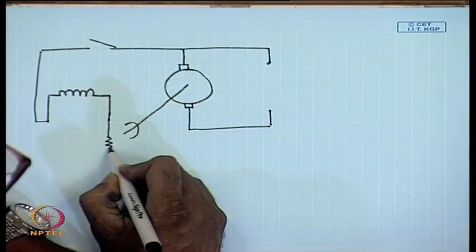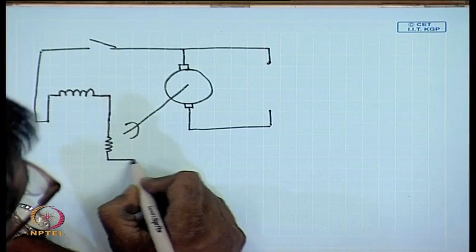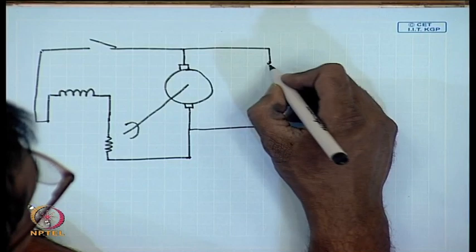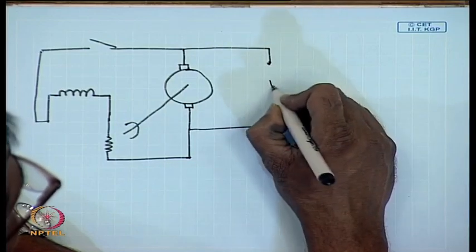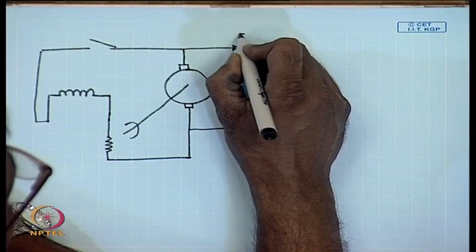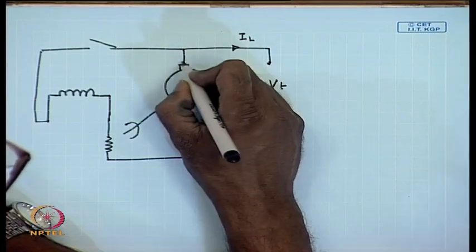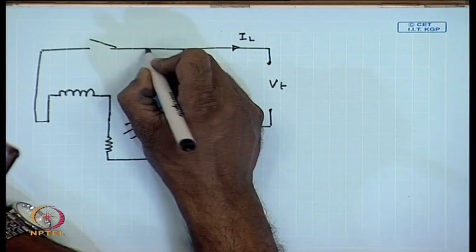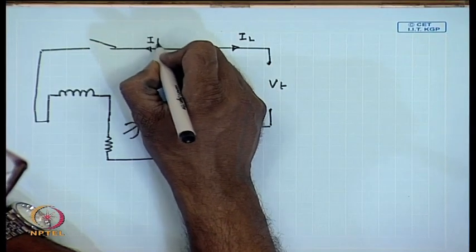Normally, a resistance is included to control the field current. This is the terminal voltage V t, this is load current I L, this is armature current I A, this is field current I F.